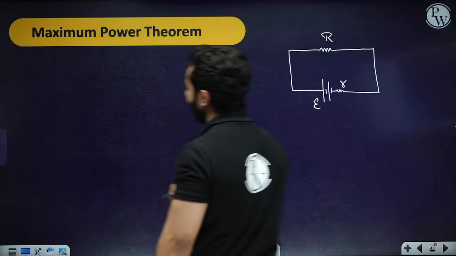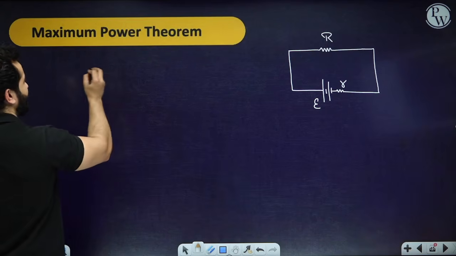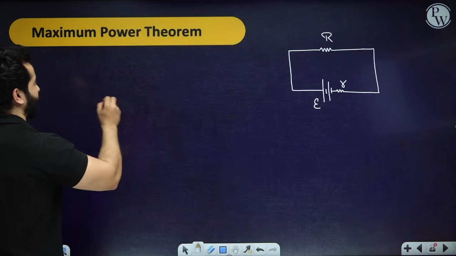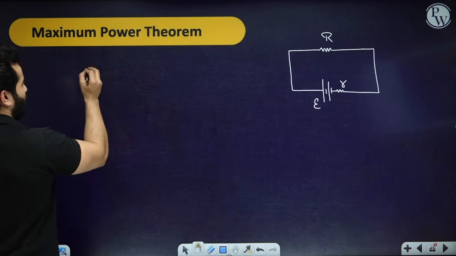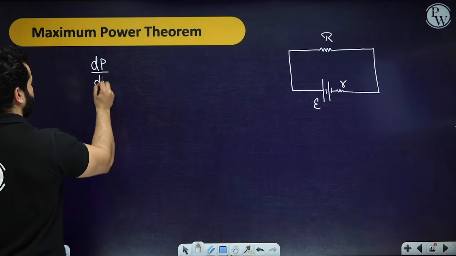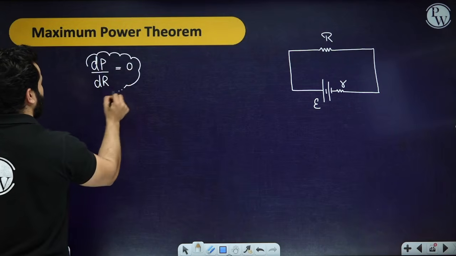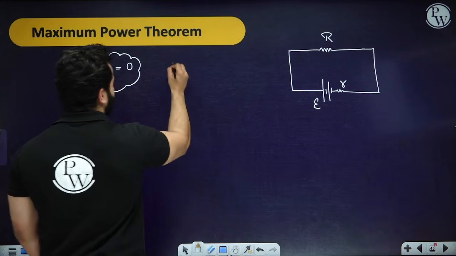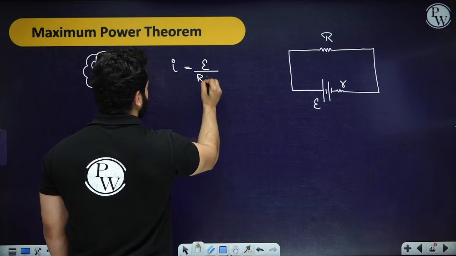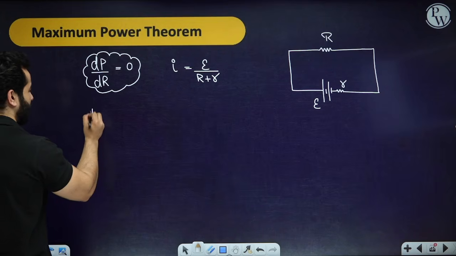We want to find out the value of capital R in such a way that this capital R consumes the maximum power. All we need to do is find dP by dR and equate it to 0. How are you going to do it? We know that current can be written as E divided by R plus r. Also, one more thing, power is nothing but I square R.